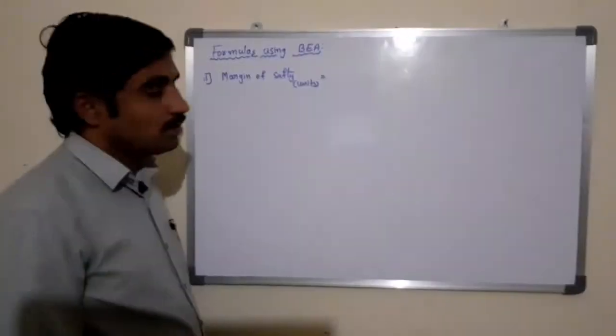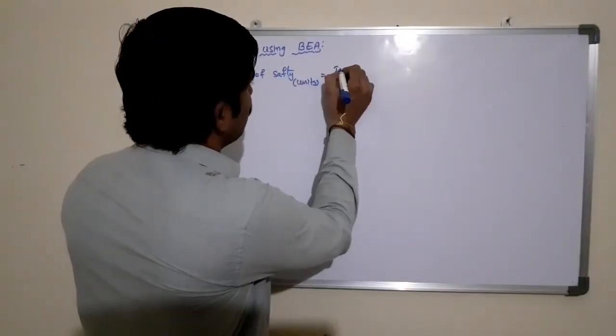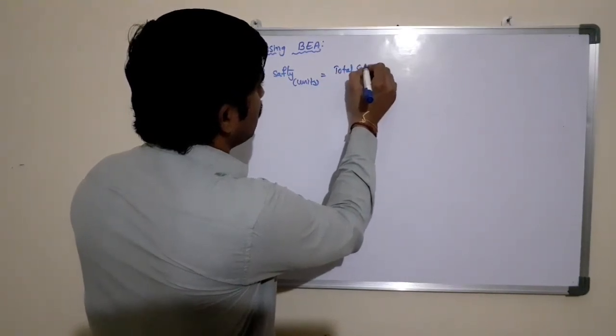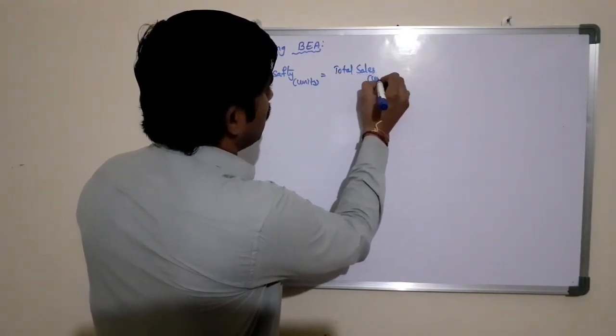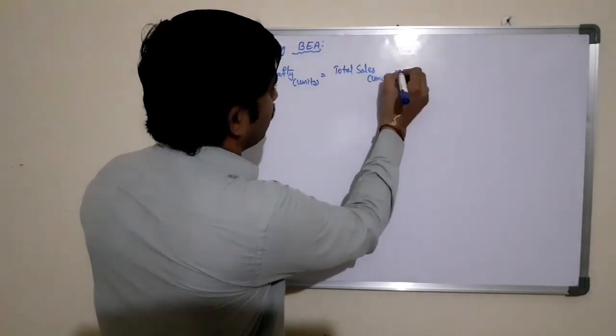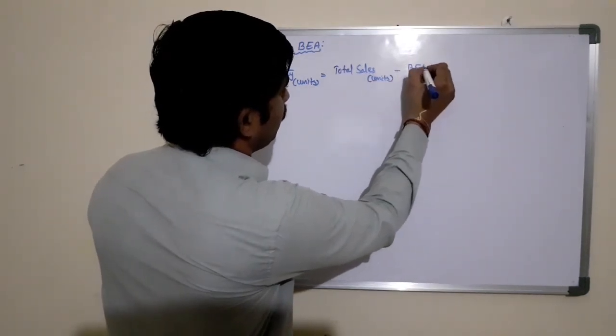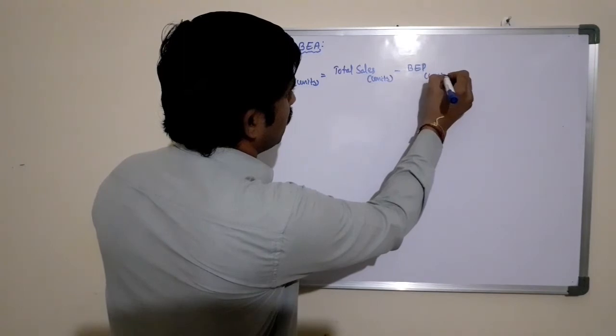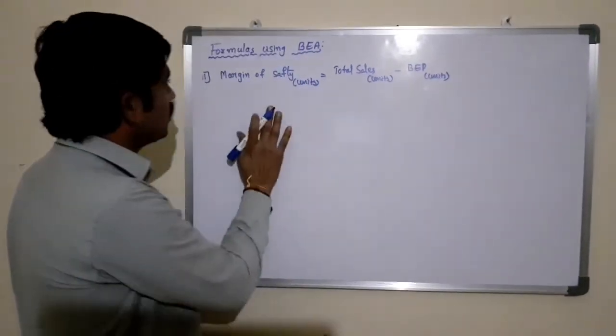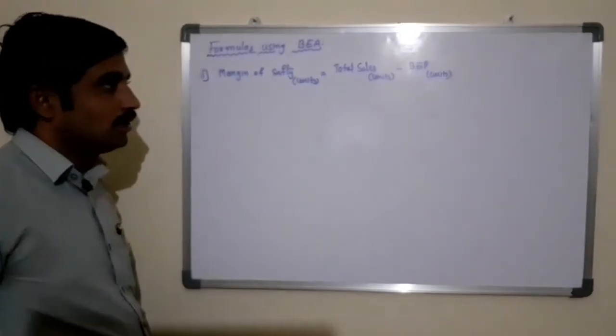Here, in case of margin of safety in units, we need to take the total sales in units minus break-even point in terms of units. The difference between these two is margin of safety in units.